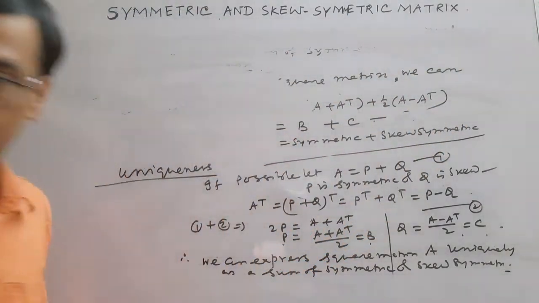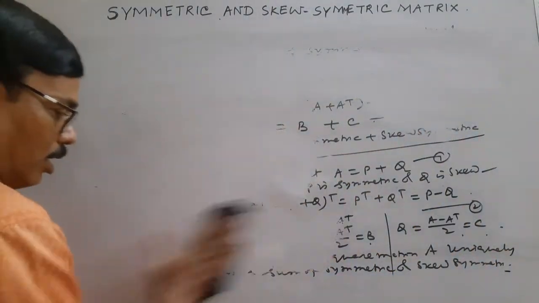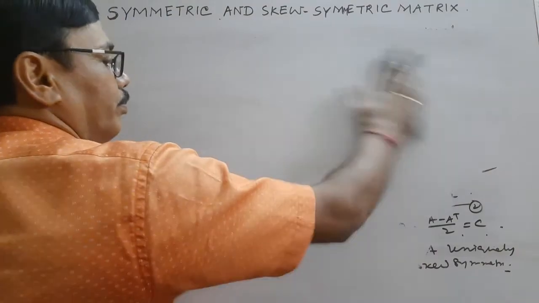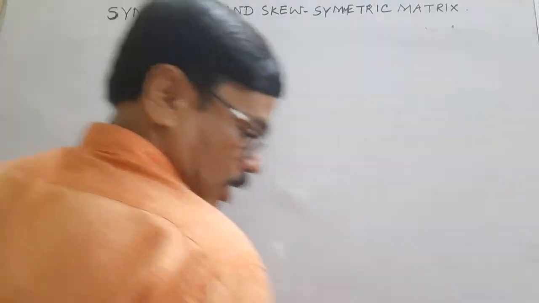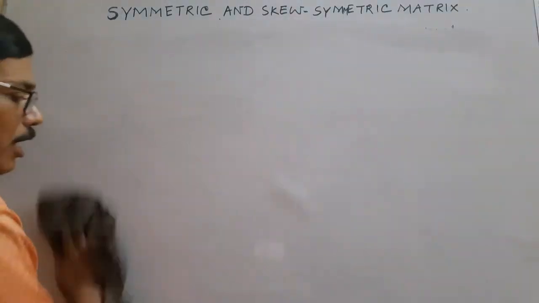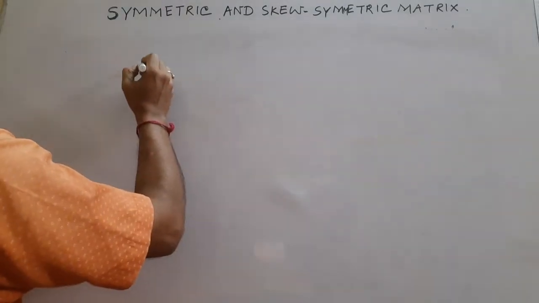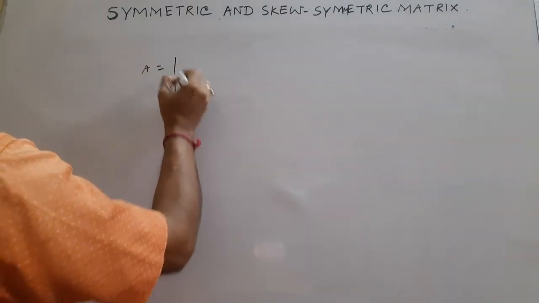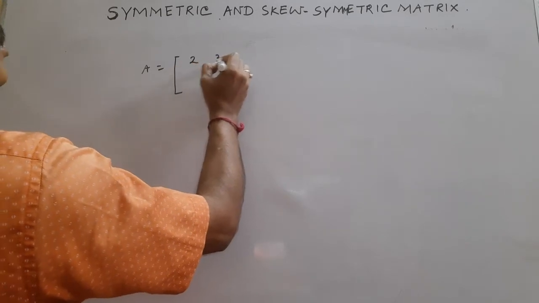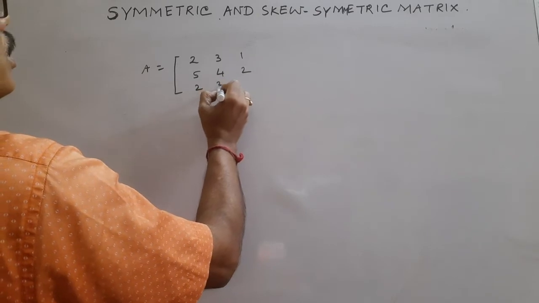Now it may be given in converse form also. Suppose A equals any matrix, say of third order: 2, 3, 1; 5, 4, 2; 2, 3, 5.